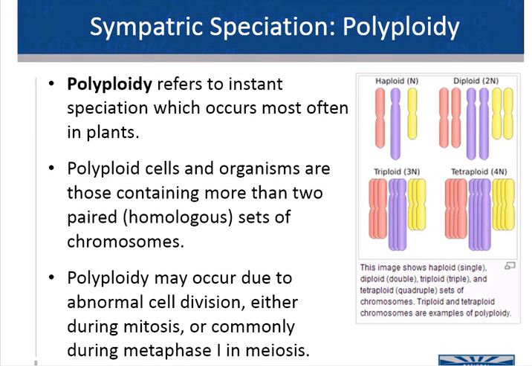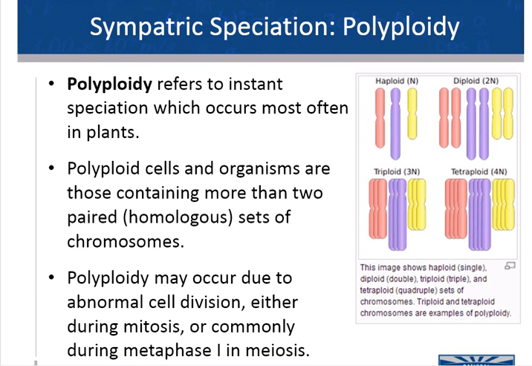But in rare cases, an event called non-disjunction occurs. Do you remember what that is? If not, you should look it up. Non-disjunction. And in plants, non-disjunction is not nearly as detrimental as it is in animals. And what has been shown to occur in plants is that on occasion they will have non-disjunction of entire sets of chromosomes.